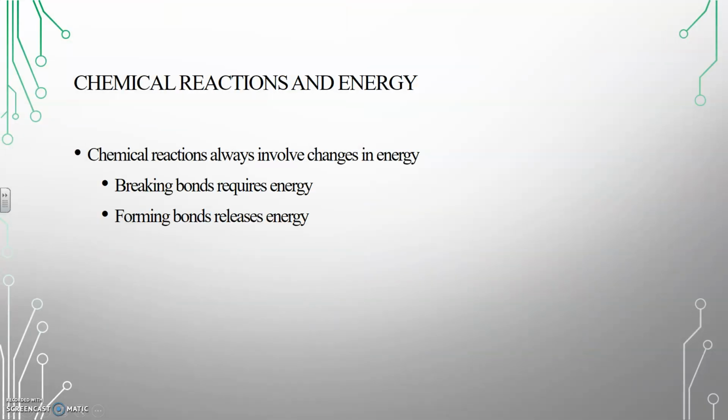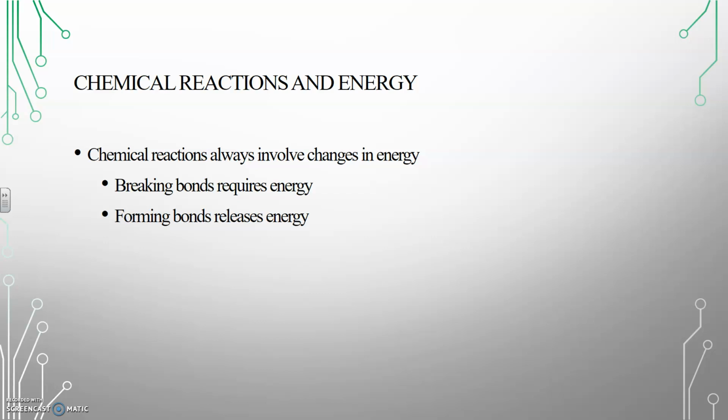So chemical reactions are always going to involve some type of change in energy, whether that's releasing energy from the compounds or pouring energy into the compounds. Okay, so breaking bonds is going to require energy. Right, so I think last time we talked about this, I used an example of breaking sticks over your knee.